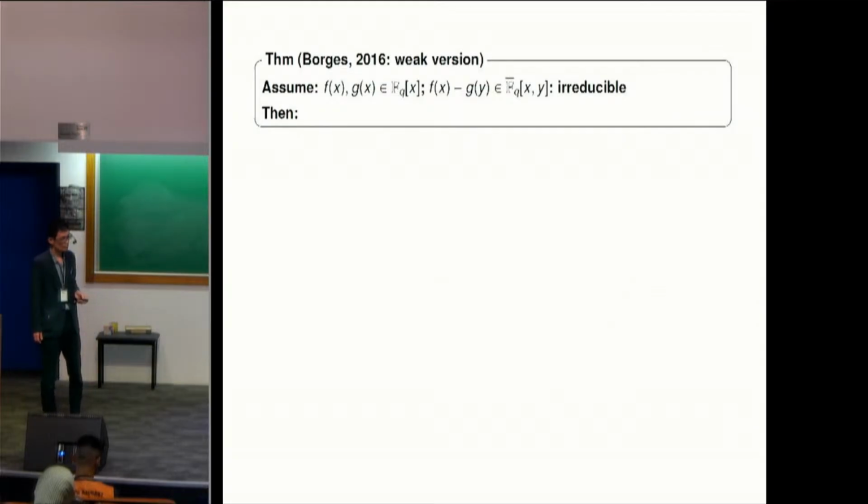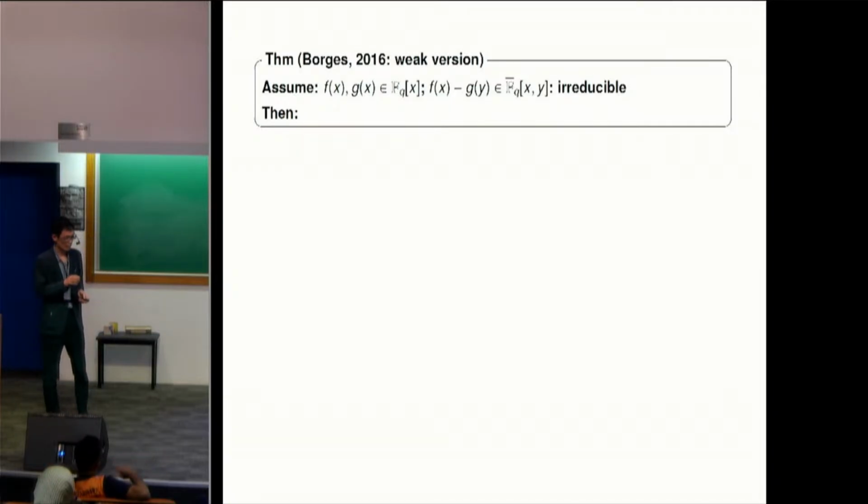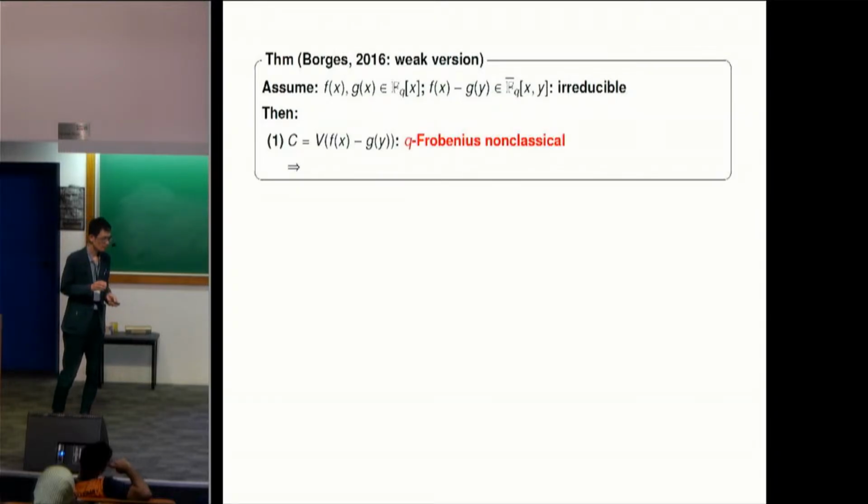I introduce an interesting theorem due to Borges. To explain more easily, I explain a weak version. Assume f(x) and g(x) are defined over Fq, and the difference of these functions in two variables is irreducible over Fq bar. Then we have the following.